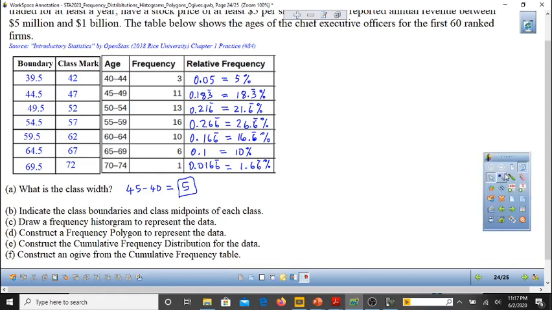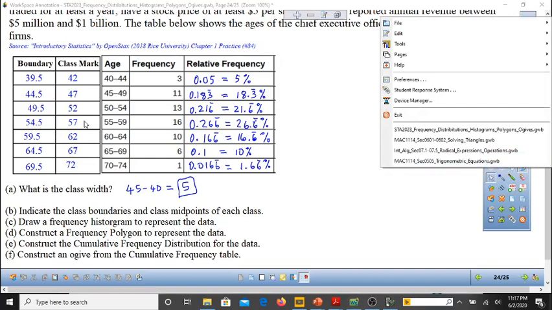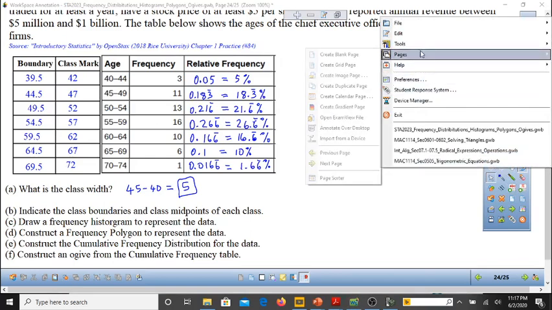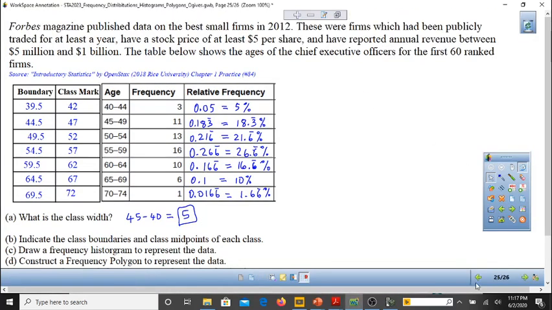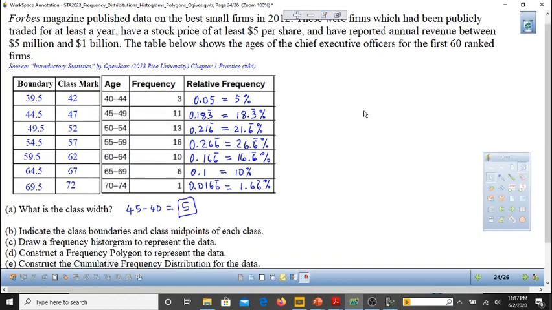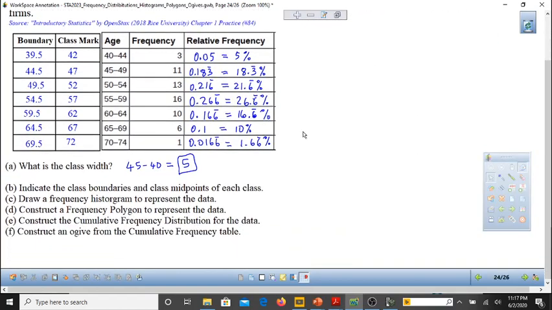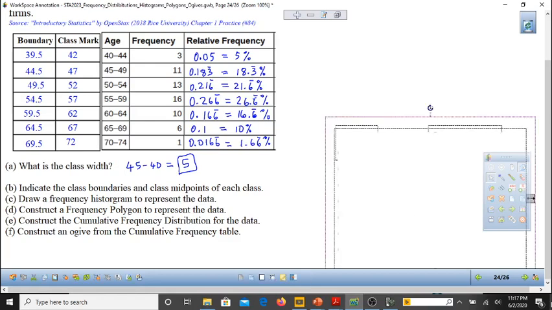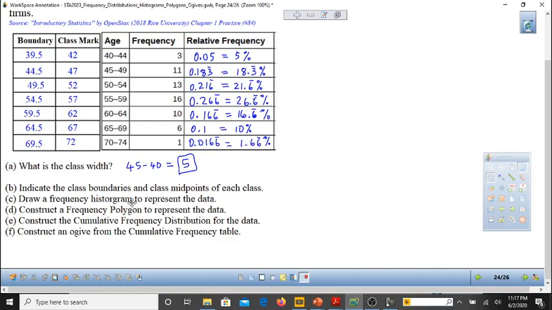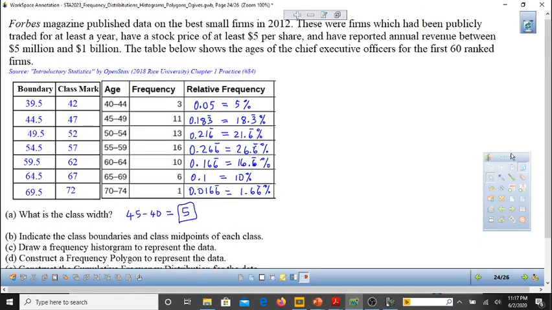So what I'm going to do is create a duplicate of this page so I can use this data that I just created to help me with the next part. And then we'll come back to that afterwards. But in the meantime, let's look at our histogram and our frequency polygon.